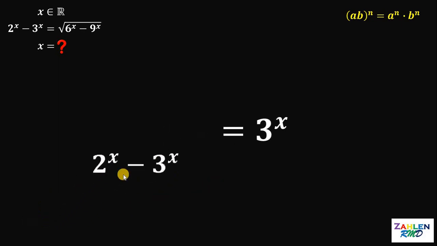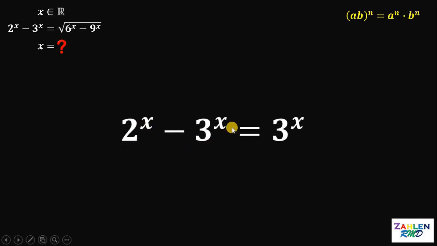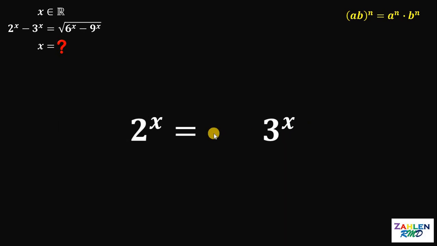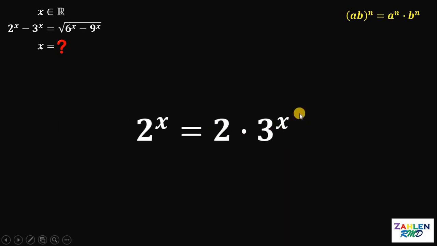So, we can say that 2 raised to x minus 3 raised to x equals 3 raised to x. Now, add 3 raised to x on both sides. We have 2 raised to x equals 3 raised to x plus 3 raised to x. Combining 3 raised to x plus 3 raised to x, we have 2 times 3 raised to x.